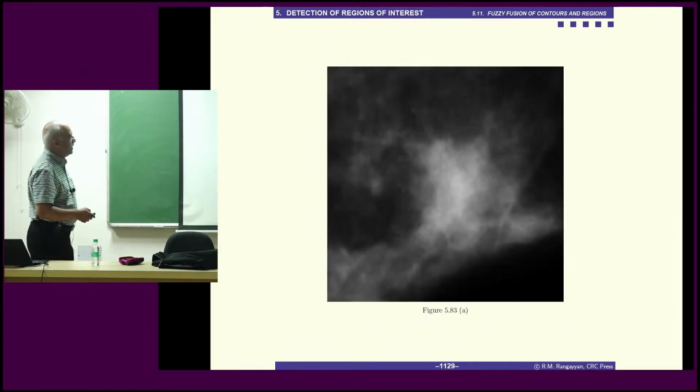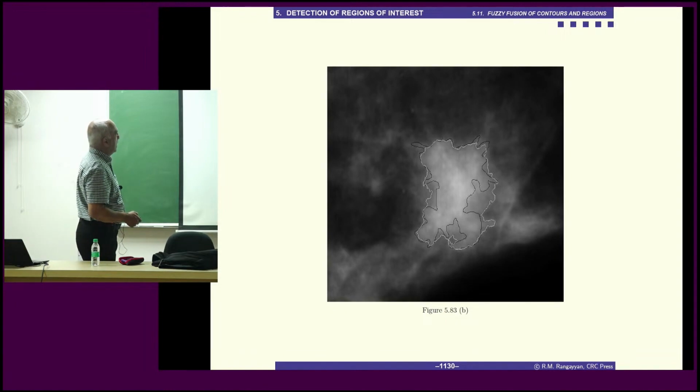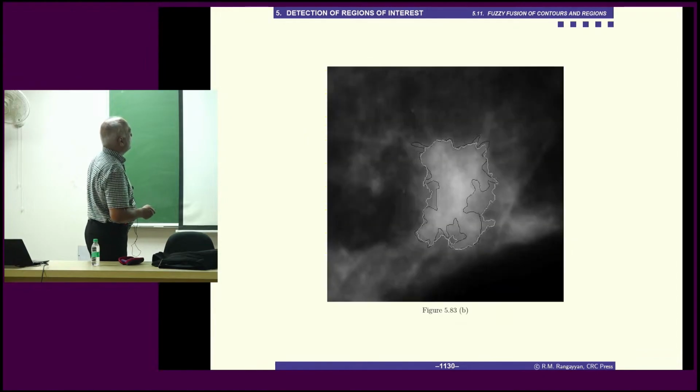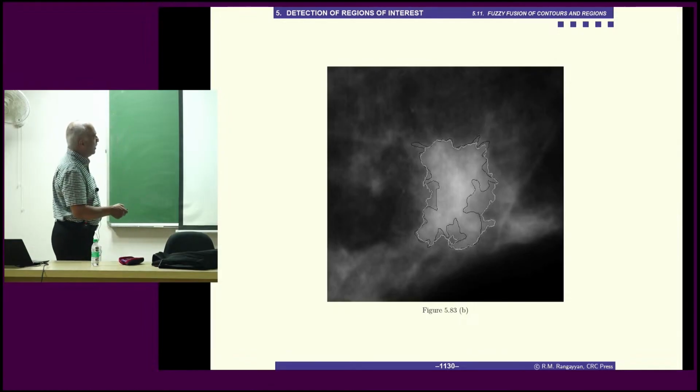Here is another case. There is a dense mass here, and let me go and check which is which. Contour extracted by fuzzy set. Black is the radiologist and C is fuzzy region growing. Okay. So the black line is the contour drawn by the radiologist.